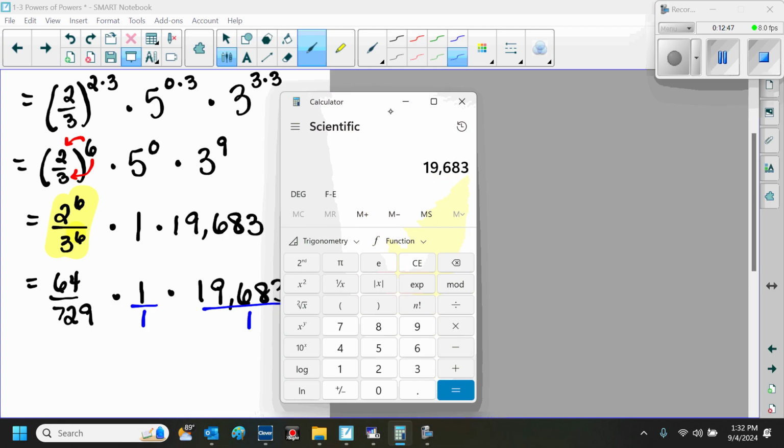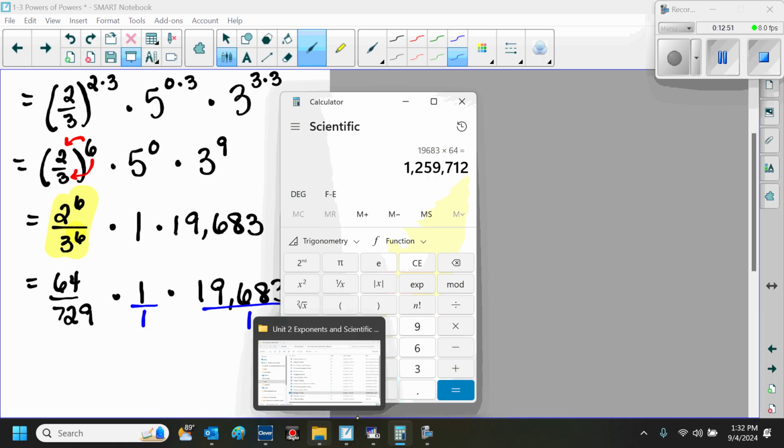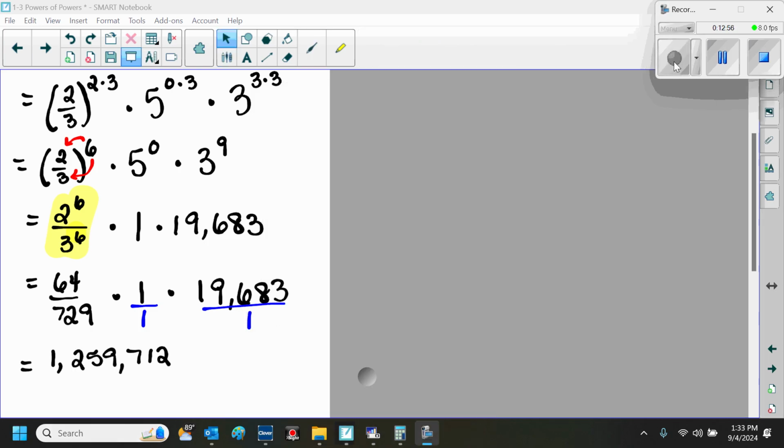19,683 times 64 gives us, let's keep that in the calculator, okay? And then down here we have 729 times 1 times 1 is just 729. And now I can just divide that, right?